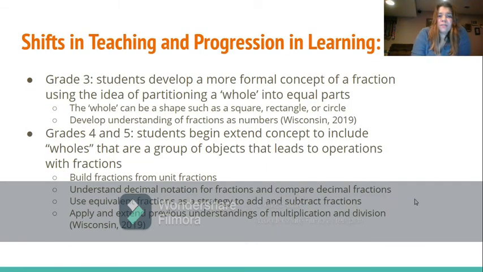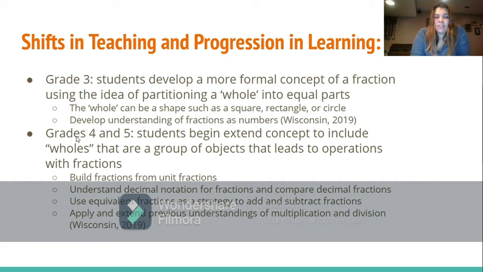There are shifts in the progression of learning. In grade 3, students develop a more formal concept of a fraction using the idea of partitioning a whole into equal parts. Again, this whole can be a shape like a square, a rectangle, or a circle. So they're developing the understanding of fractions as numbers.